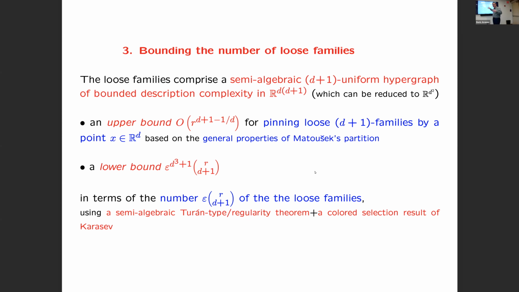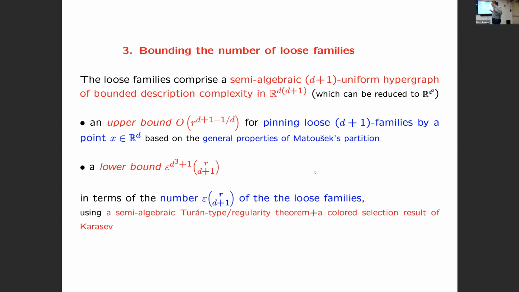So this is the upper bound on how many loose families can be pinned by a single point. There is also a lower bound on the same quantity, which will be stated in terms of the supposed density, which we don't know, of the hypergraph of loose families of d plus 1 simplices in Matoušek's partition.